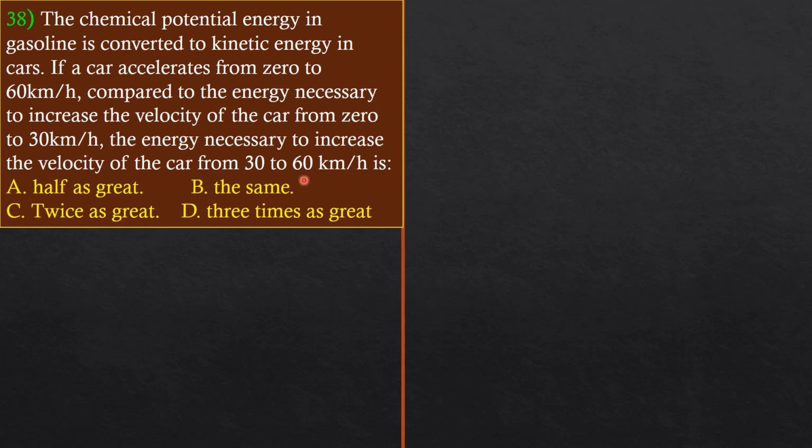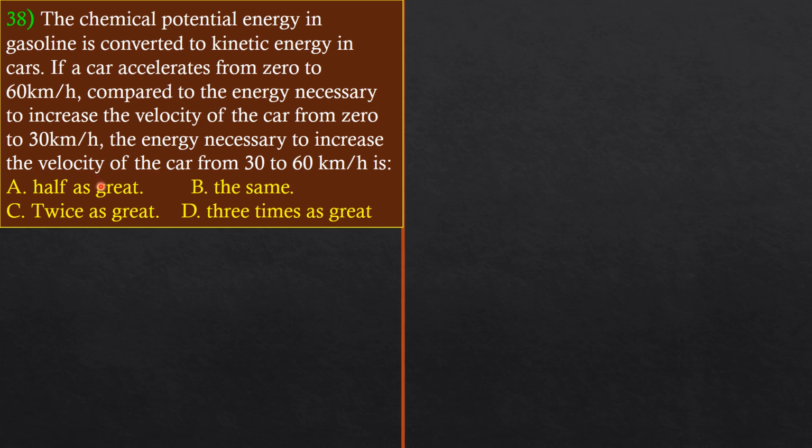So guys, let's be very keen with this question. Let's start by getting the kinetic energy necessary to increase the speed of the car from 0 kilometers per hour to 30 kilometers per hour. Keep in mind that we are going to convert all these kilometers per hour to meters per second.